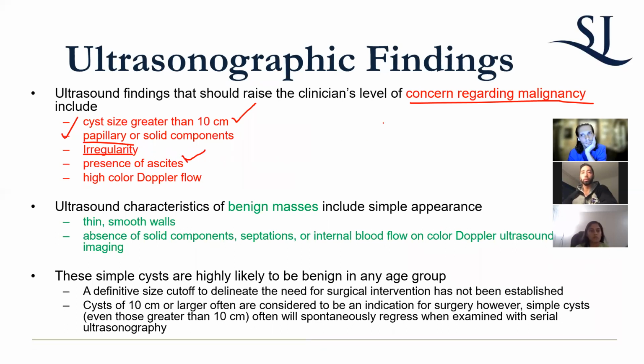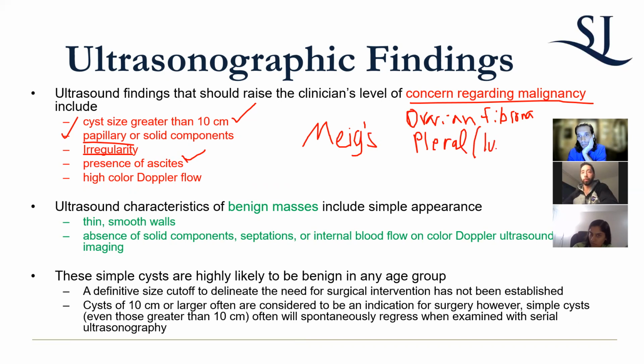You know what that's called? Meigs syndrome. That's where you have a solid ovarian mass, which is usually a fibroma, pretty much like a fibroid on the ovary. You have a pleural effusion, so the lung, and you have ascites.